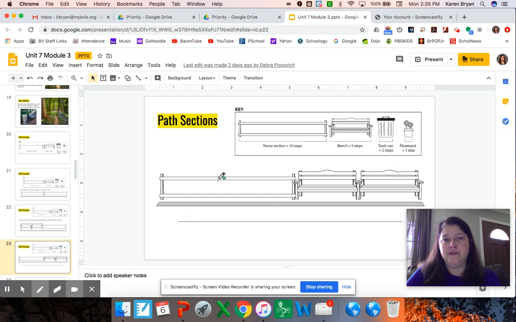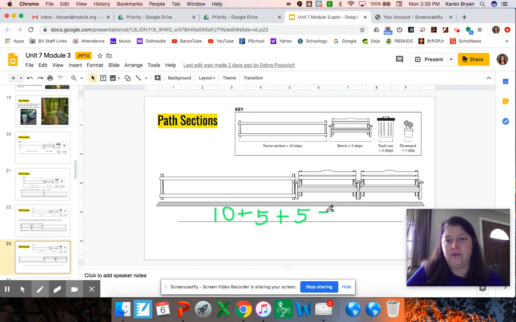So our equation for this, we have a fence section that is worth 10 plus a bench on our path section that's worth 5 plus another bench section that is worth 5.